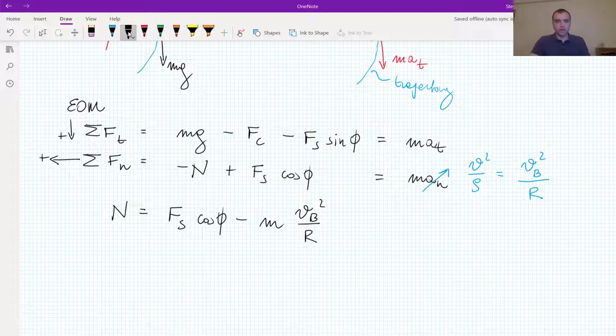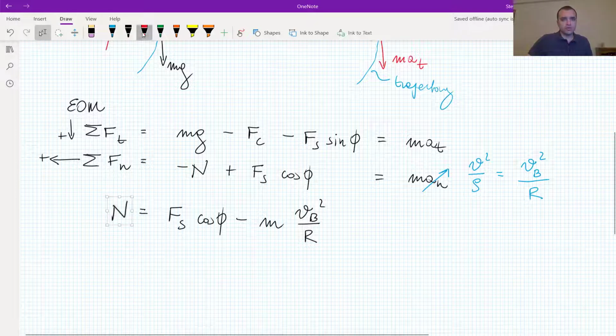Okay, so how many unknowns do we have? We definitely do not know N. We definitely do not know the velocity of the particle at point B. I am afraid that right now we do not know what is the force coming from the spring, and also we do not know phi.